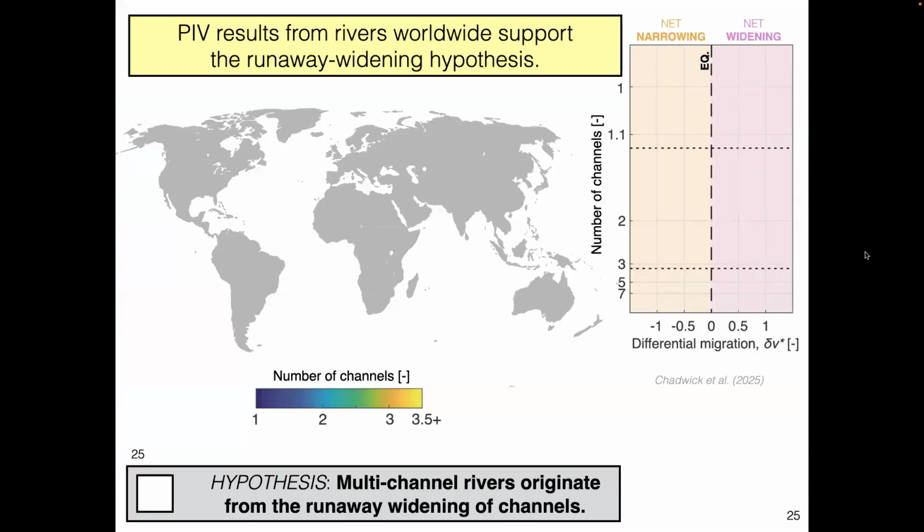So putting results together from the larger analysis, I'm going to plot points on the world map and then also plot them on the same graph on the right-hand side here. So this is the same x-axis of differential migration, but the y-axis I've added is the number of channels of that river. Starting with these single channel rivers, here in blue, you can see they're all clustering along this equilibrium line with an uncertainty.